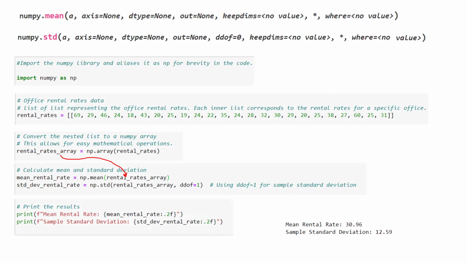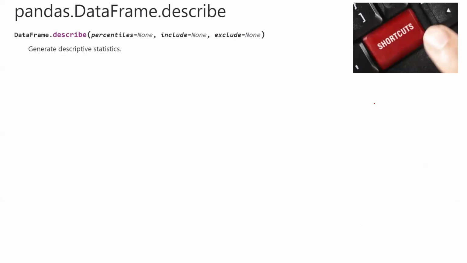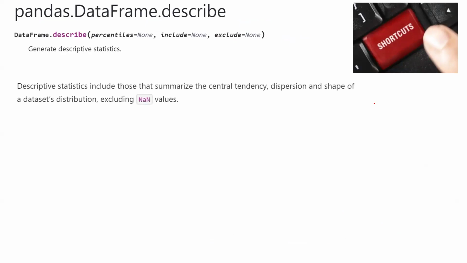You can use our Jupyter notebook and practice a little bit and calculate the mean and standard deviation. But before doing that, I want to show you a shortcut. In this shortcut, we're going to use dataframe.describe. It creates all the information about descriptive statistics for us. How so?